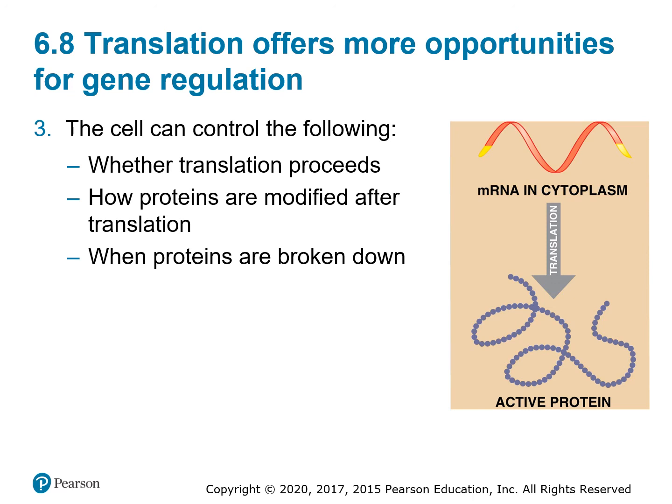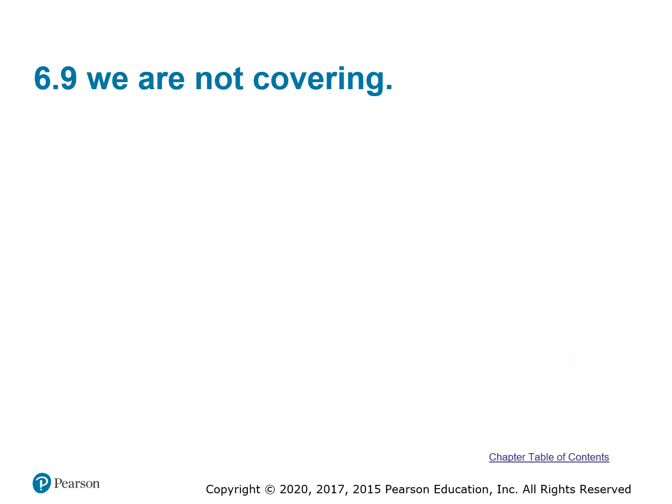Sometimes proteins will be made in an inactive form, and there needs to be further modifications before they are active. And then also the cell controls how long proteins hang out in the cell. Some proteins are broken down fairly quickly, while others can hang out for a longer period of time. So all this is further types of processes that can control gene regulation.